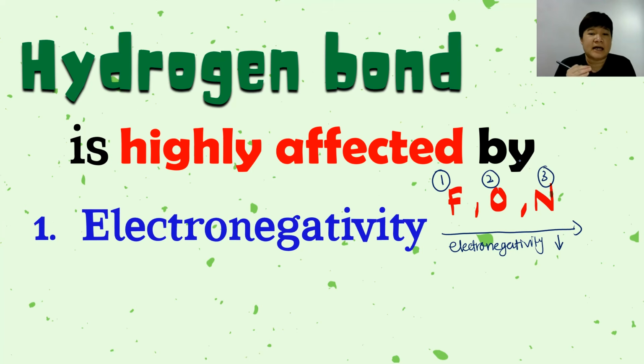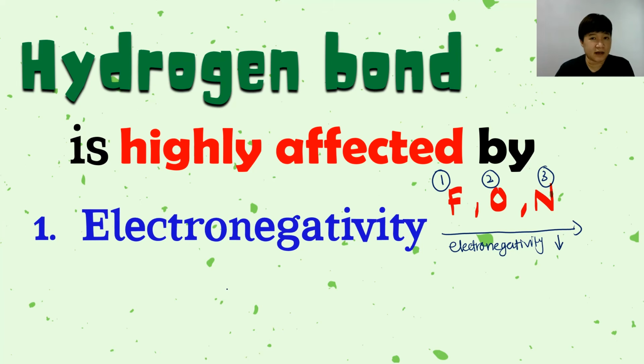That's why your hydrogen bond can form a strong permanent dipole, because it's between the hydrogen, the most electropositive atom, with the most electronegative atom, fluorine, oxygen, or nitrogen. And that causes your hydrogen bond to be very strong.